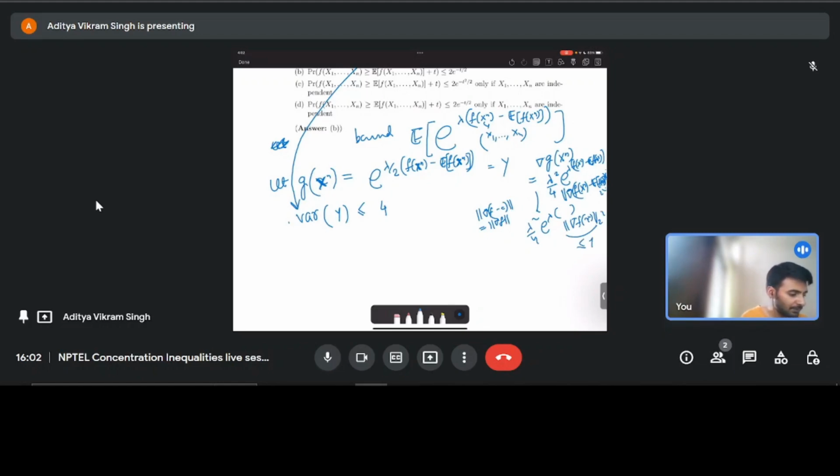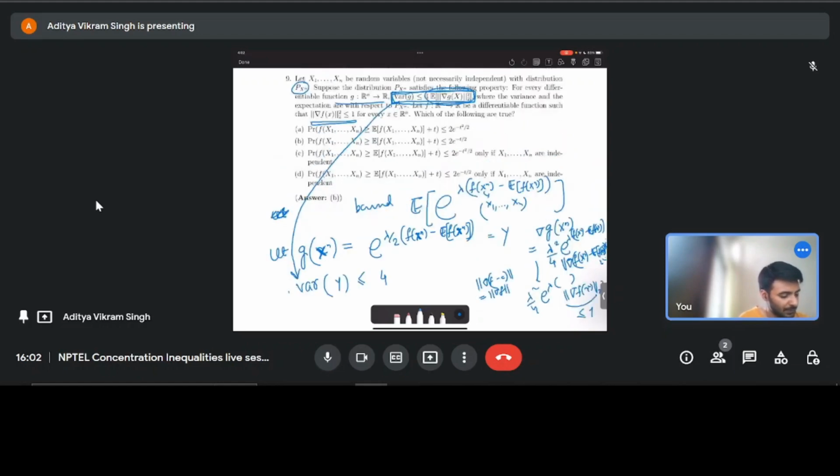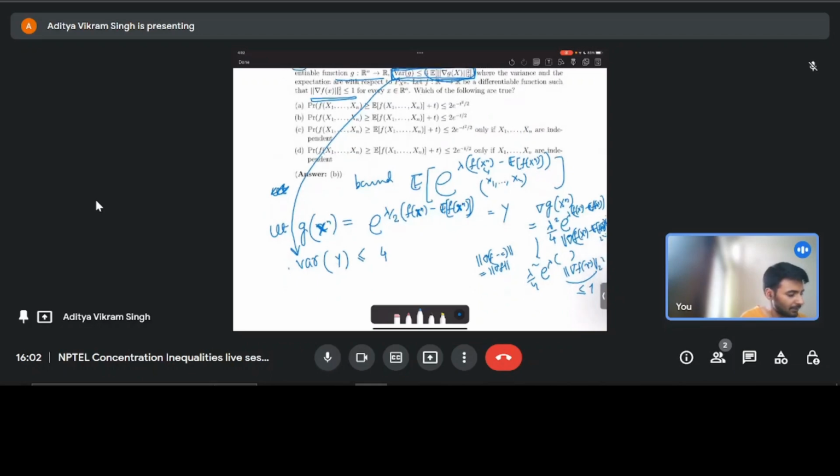So basically what we have shown, now the expected value of grad g of x the whole square, would just be less than or equal to lambda square by 4.